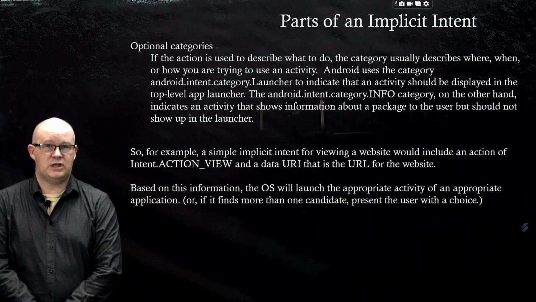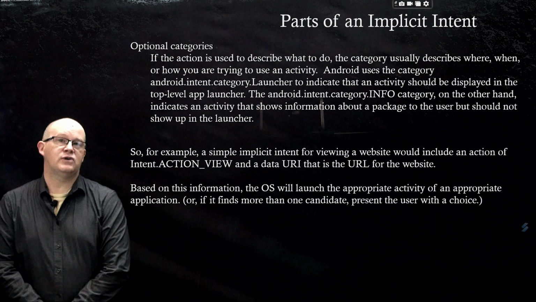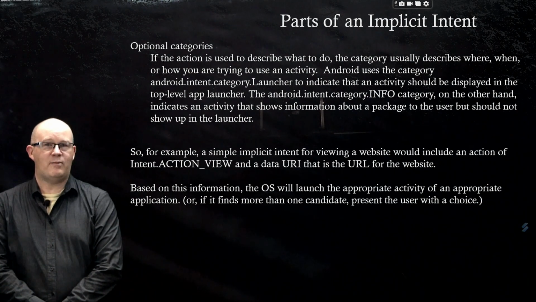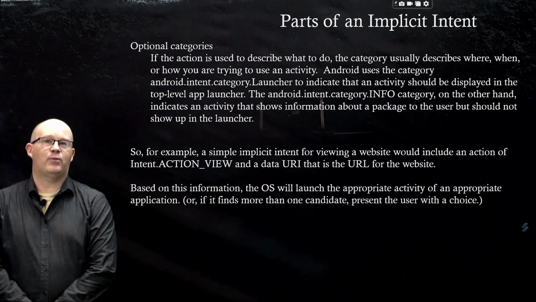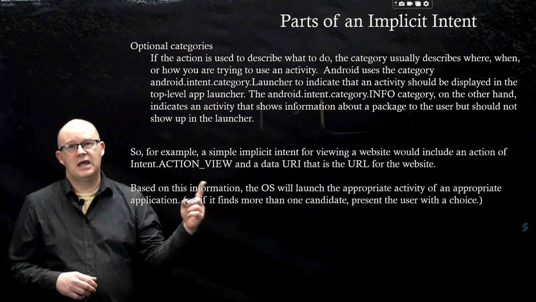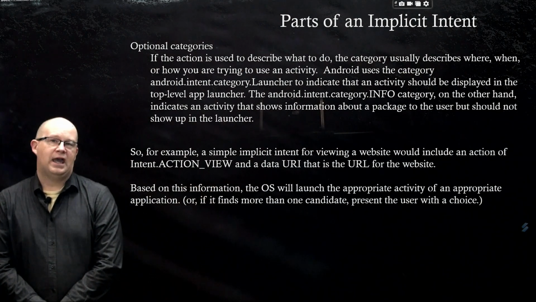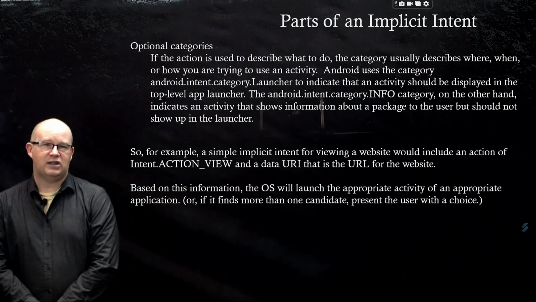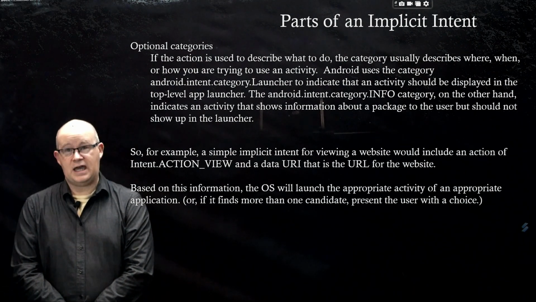Here is another example, and this one is going to lead us to our more specific example on the next slide or two. So suppose that we want to make a web page. We are going to have an implicit intent for viewing the website, and it's going to include intent.actionView, and the data URI is that URL of the website.